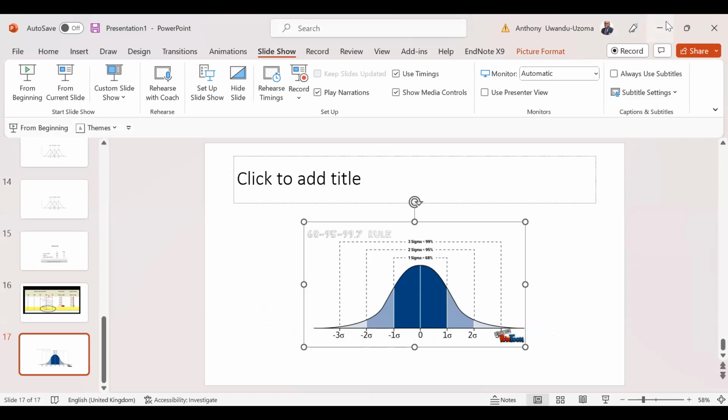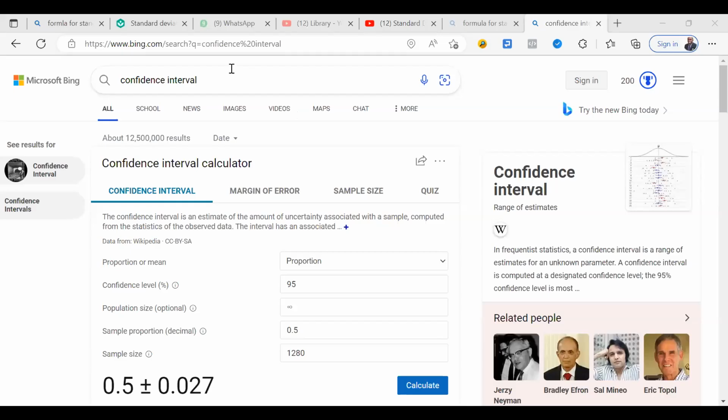Can you see my screen? Yeah. What are you seeing? We're actually seeing the normal distribution graph. No. I've left that one. Okay, so I'm just using Google.